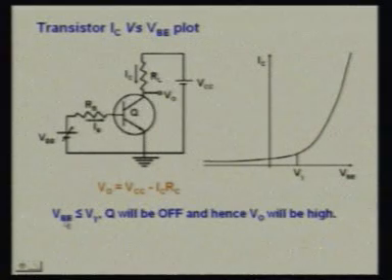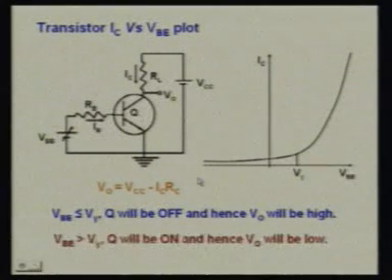So we see here, if VBE is less than V gamma, the transistor Q will be off, and if it is off, then IC will be approximately equal to 0, which may be a microampere reverse saturation current. So VO will almost be equal to VCC. So output will be high, if we talk in terms of the digital system, in terms of high and low.